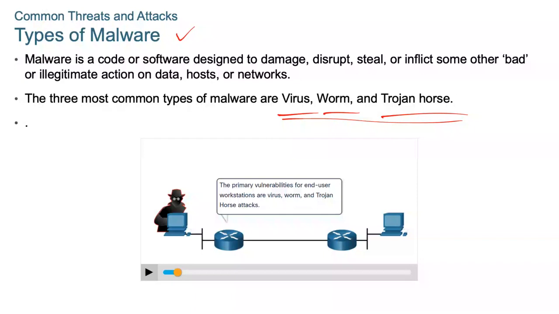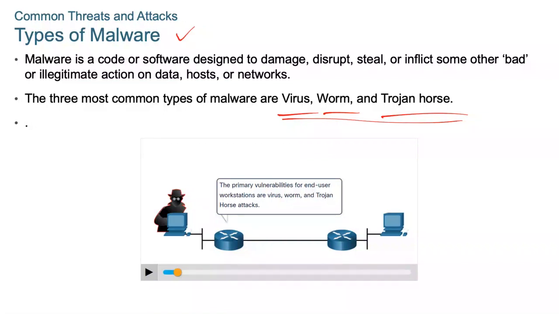A virus is a type of malware that spreads by inserting a copy of itself into another program. After the program is run, the virus then spreads from one computer to another computer, infecting the other computers too. Most viruses require human help to spread.